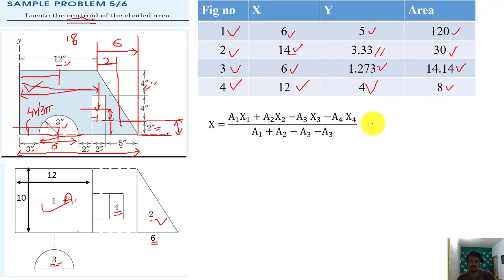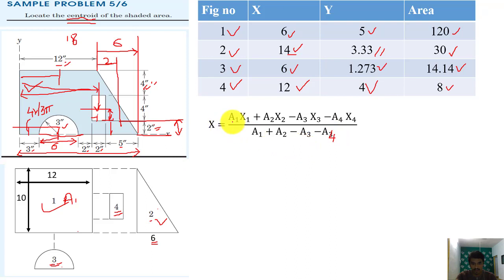We can use the formula: the x intercept of the composite figure is equal to a1 x1 plus a2 x2 minus a3 x3 minus a4 x4, divided by the total area a1 plus a2 minus a3 minus a4. Here a mistake is there, this should be a4.